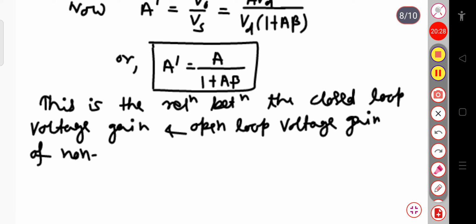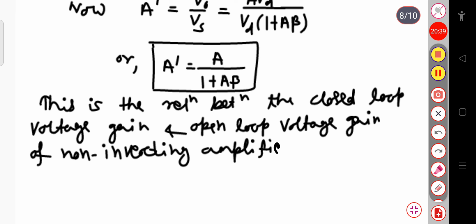In this way the closed loop voltage gain and the open loop voltage gain depend on each other. This is only for the non-inverting amplifier.